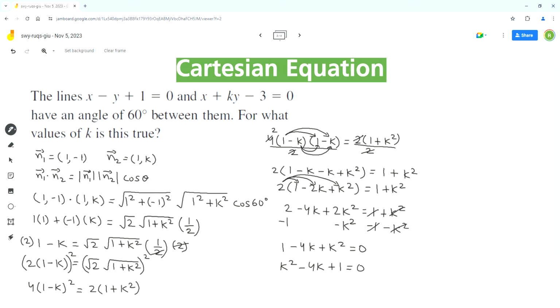This is a quadratic equation. We have to solve this quadratic equation to find the value of k. We cannot factor this expression, so we'll have to use quadratic formula.